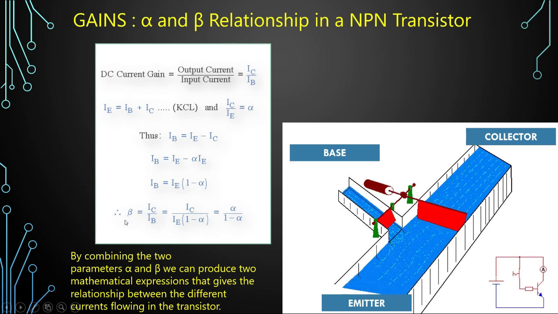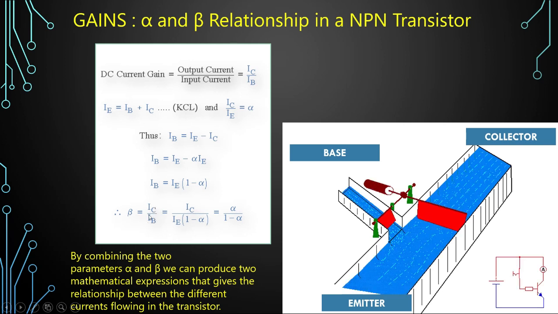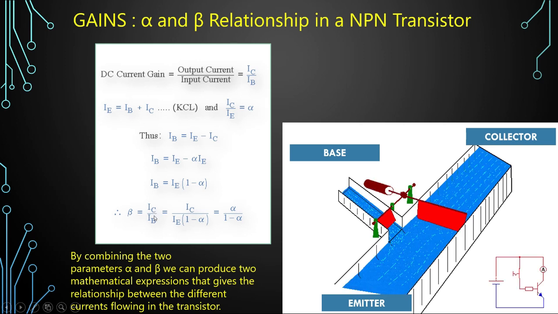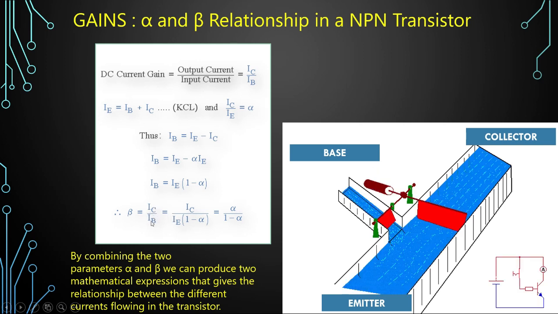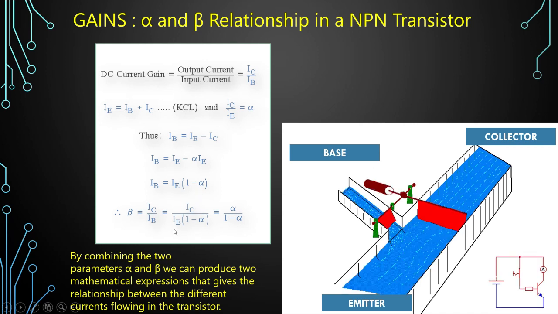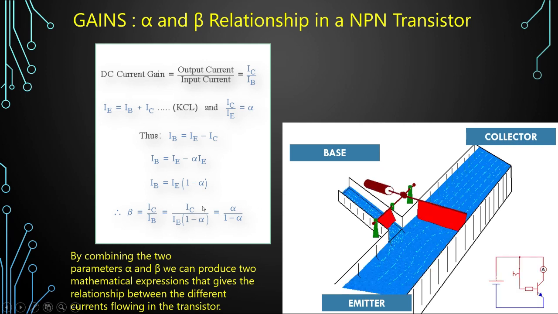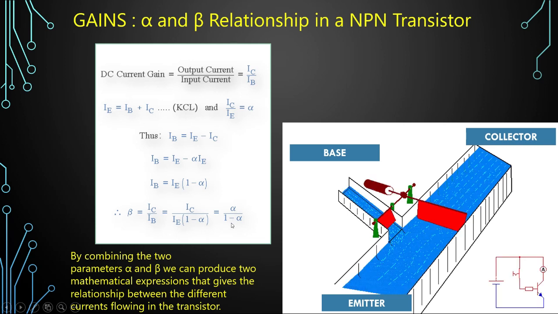Similarly, we get beta, where the output is IC and the input is IB, right? So this is the common emitter configuration, the gain for common emitter. Since we have IB, it will be IC by IE into 1 minus alpha. With this we can simplify, so we get alpha by 1 minus alpha.